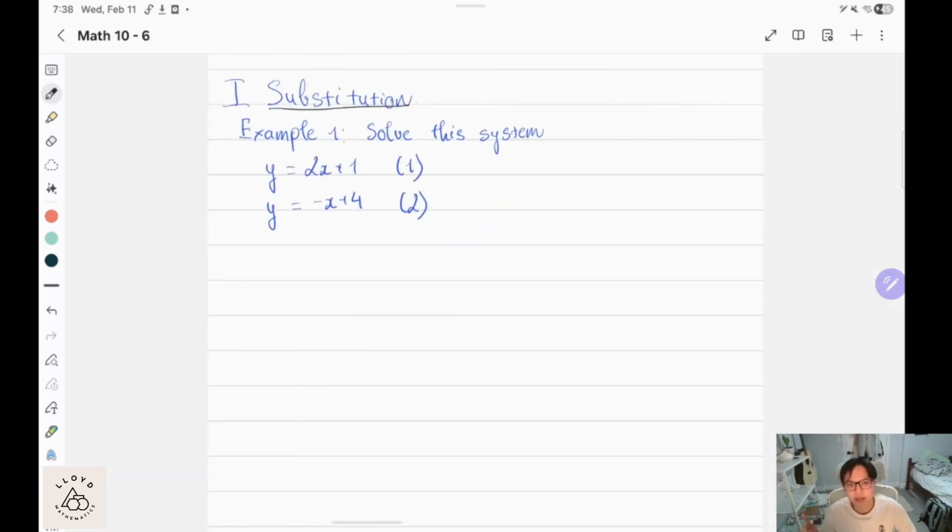The first method here is substitution. In the first example, I will demonstrate how to solve it by substitution. Step one: as you can see, here both equations already have y isolated on one side. So I replace y equal to 2x plus 1 from the first equation into the second equation.